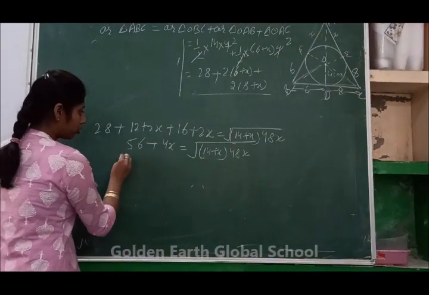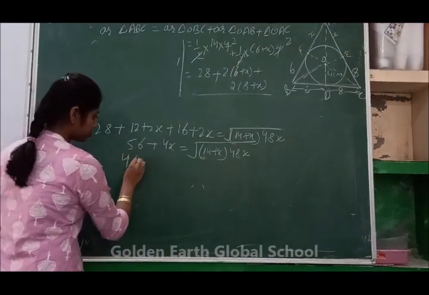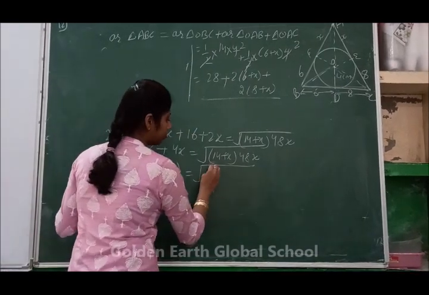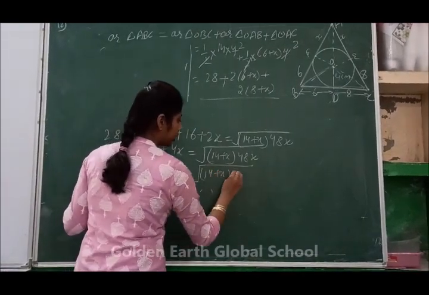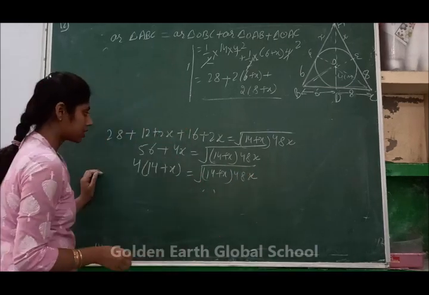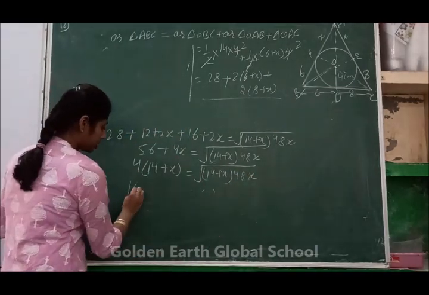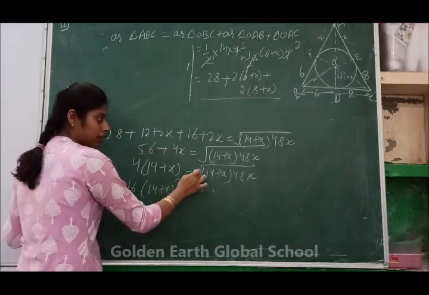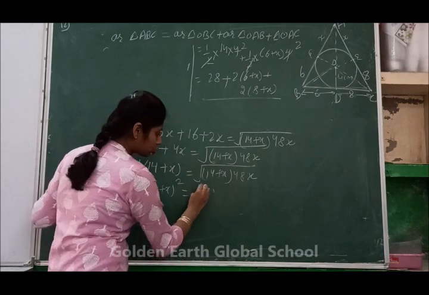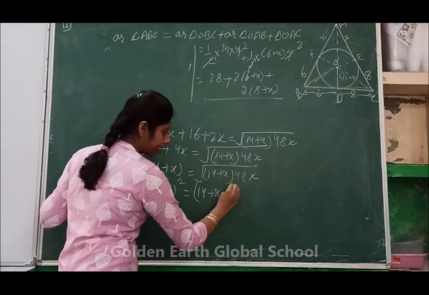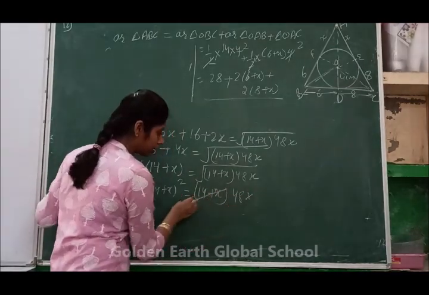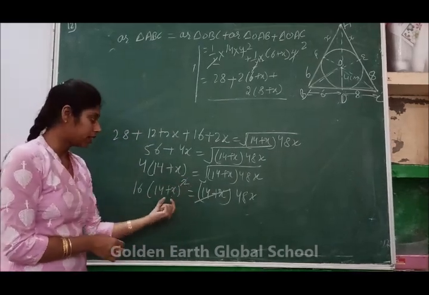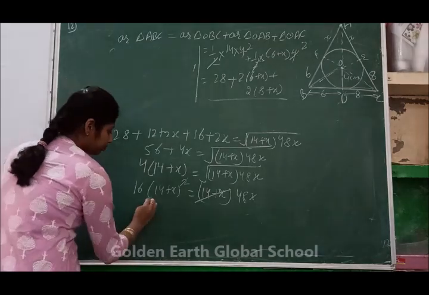Now take 4 out: 4 into 14 plus x equals root of 14 plus x into 48x. Now squaring both sides. If we square it, 4 fours are 16 into 14 plus x whole square. Here the square is cancelled with the square root. So only 14 plus x and 48x. 14 plus x is cancelled; there are two 14 plus x because of the square. 14 plus x is left only.